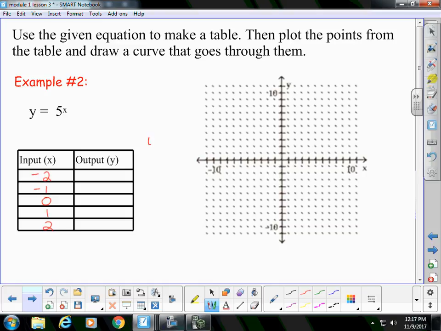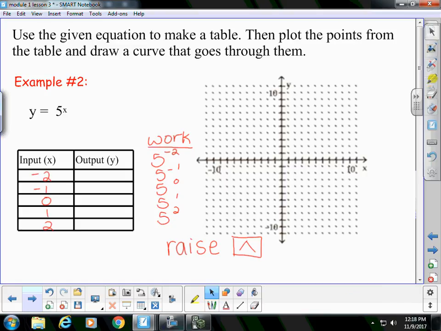And as far as our work goes, we're plugging into the exponent. So I'm going to say 5 raised to the negative 2 power, 5 raised to the negative 1 power, 5 raised to the 0 power, 5 raised to the first, and 5 raised to the second power. To raise something up, you use this key on your calculator.